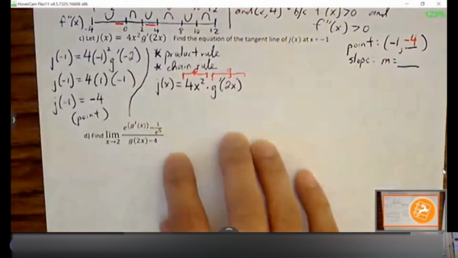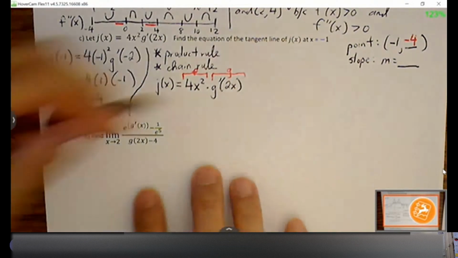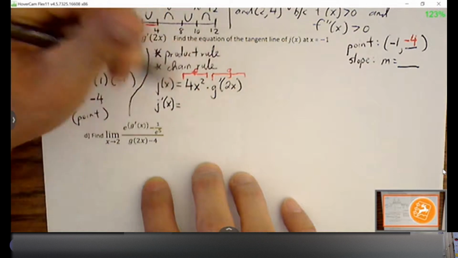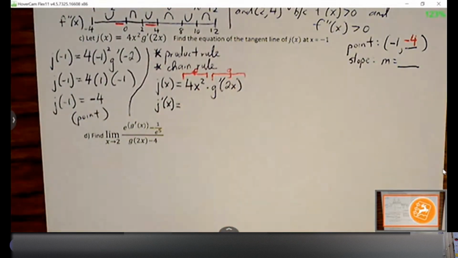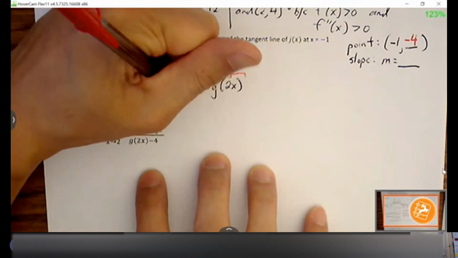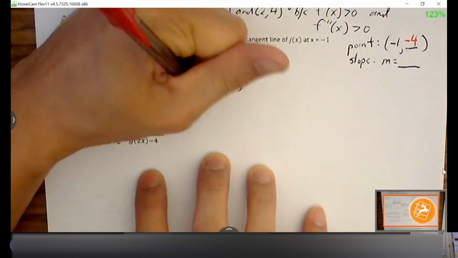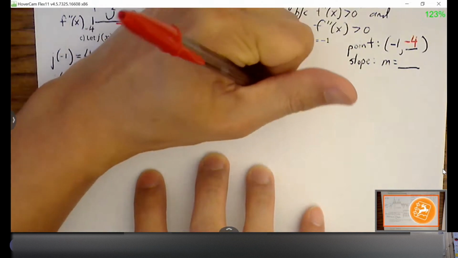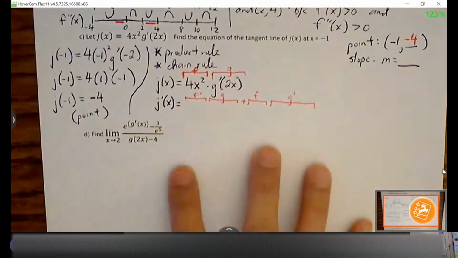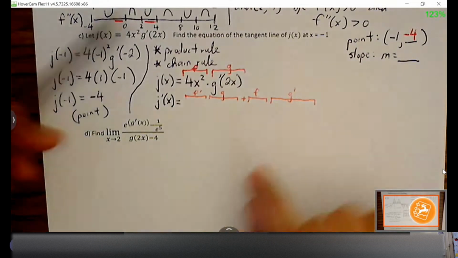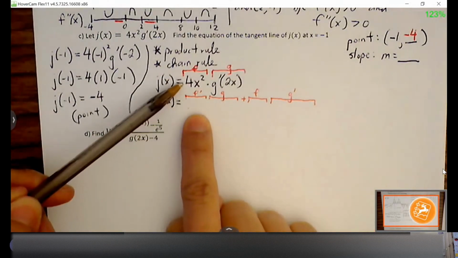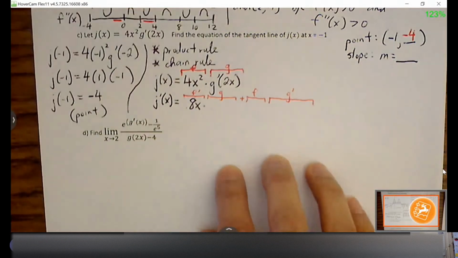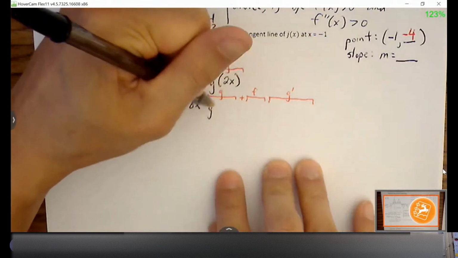I'm just going to go through with the product rule: f prime g plus f g prime. So f prime is the derivative of this 4x squared, which is just going to be 8x. The g function, no changes. We're just going to copy that down.